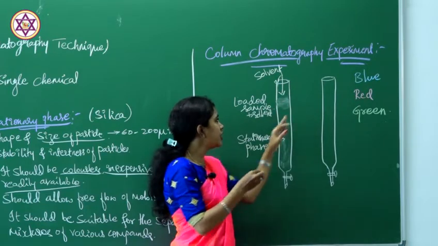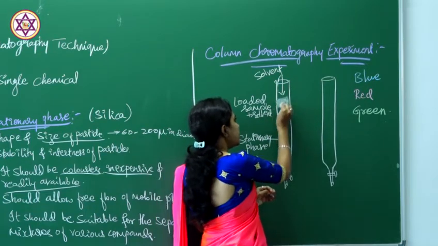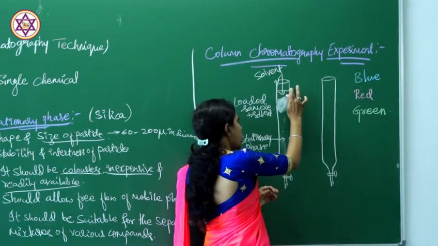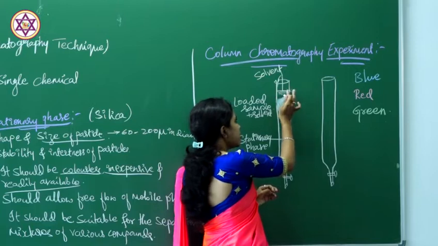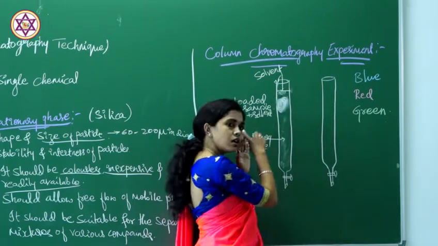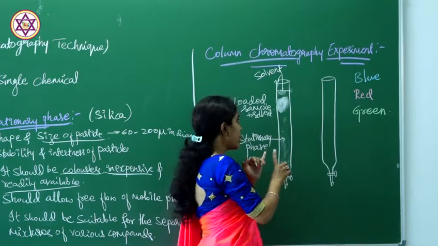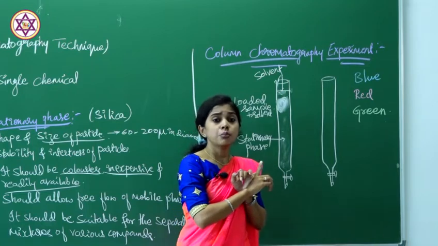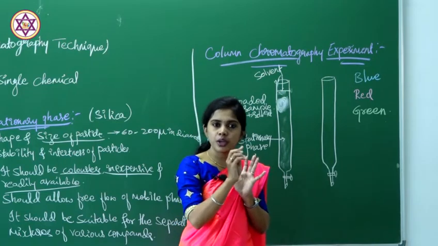Then what will happen first? The sample will get placed here. Till here we are going to add the silica. Silica is filled first, then we are going to add the solvent. Why are we adding the solvent here? Because it should be uniform in nature.